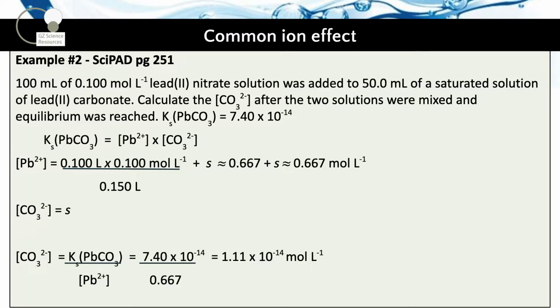Cool. So we have 100 milliliters of a 0.1 mole per liter lead nitrate solution, and we've added it to a 50 ml solution of lead carbonate. So we are going to calculate the concentration of carbonate after the two solutions were mixed and equilibrium was reached.